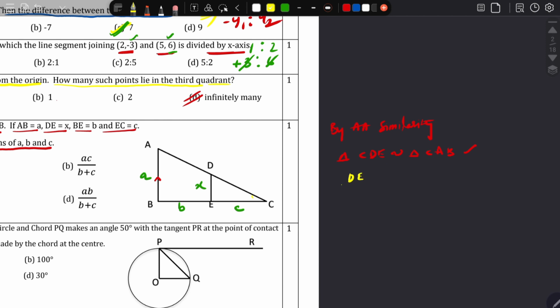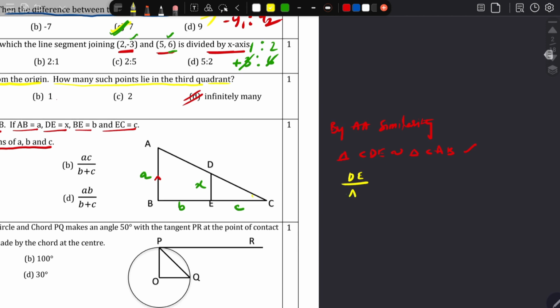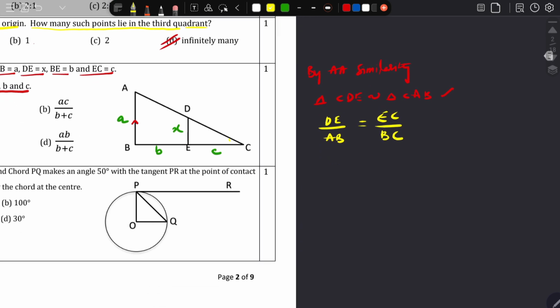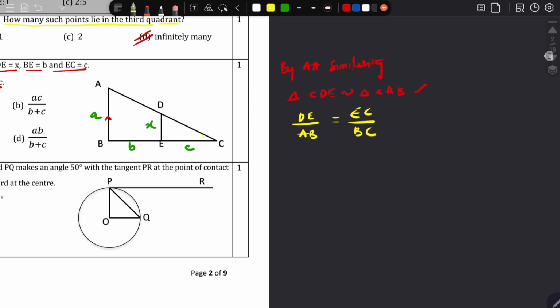DE divided by AB is equal to EC divided by BC. Writing the requirements, DE is equal to the given x divided by AB, given as small a, which is equal to EC, which is c, divided by BC. BC means the total measurement, which is small b plus c.